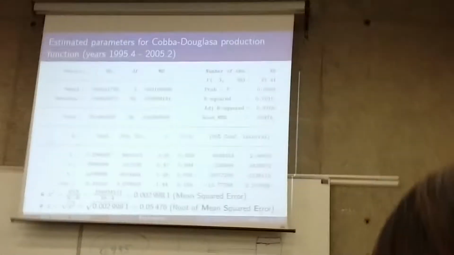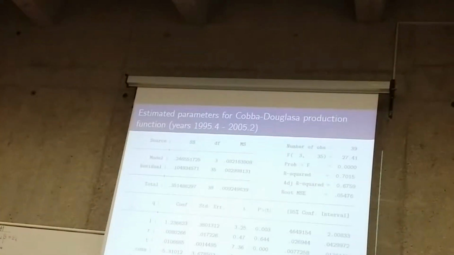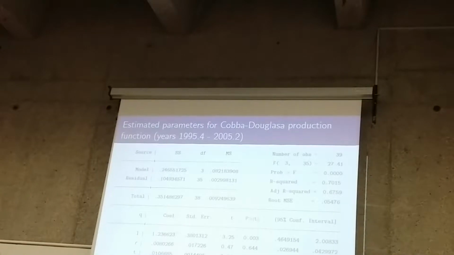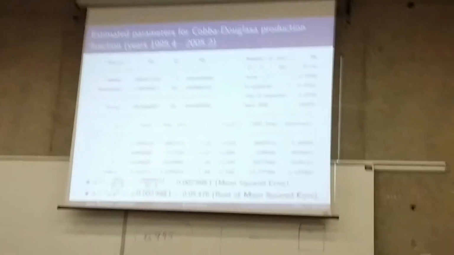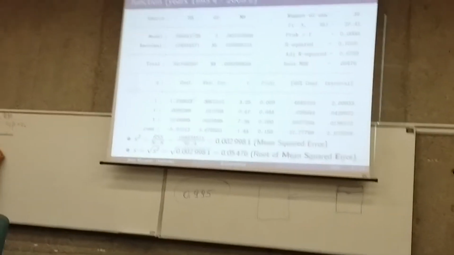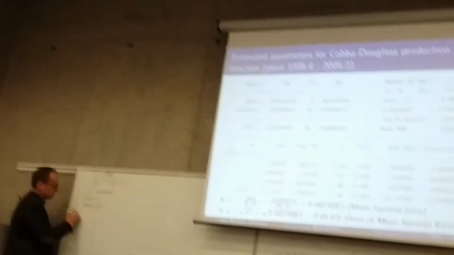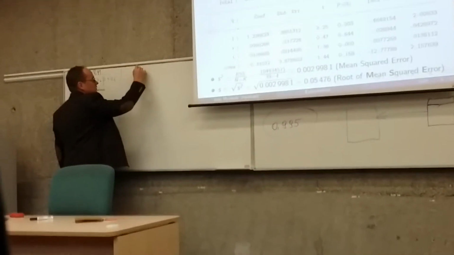But then we are assuming that the expected value of epsilon i is equal to 0, and we are assuming as well that the variance of epsilon i is equal to sigma squared, and the covariances are 0.